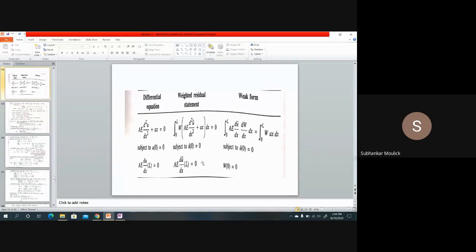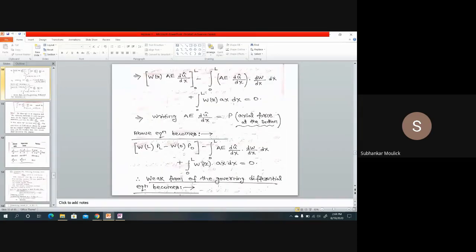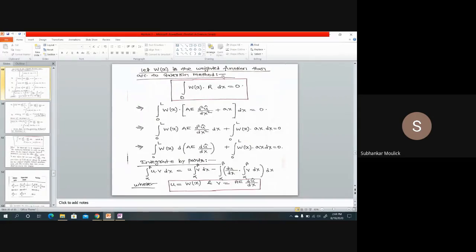Your weighted residual statement is nothing but the definition of the Galerkin method: integral over the domain, that is 0 to L, of the weighted function w of x into the domain residual dx equal to 0. This is the weighted residual Galerkin statement.